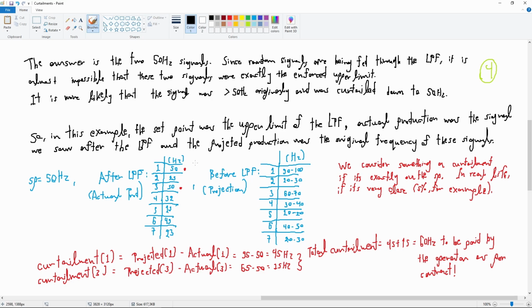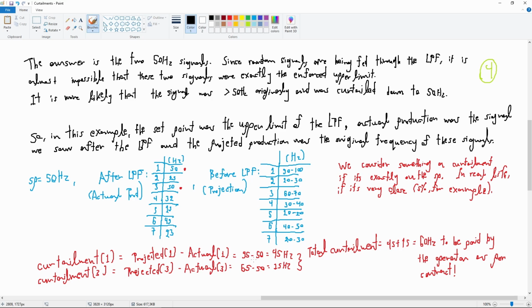So we said that it was most likely that the first and third signals were affected by the low-pass filter and thus curtailed. So in order to calculate this curtailment, we would say that for the first signal, the curtailment was its projected hertz, so 90 to 100, let's say 95, minus its actual hertz, the one that it was curtailed down to.